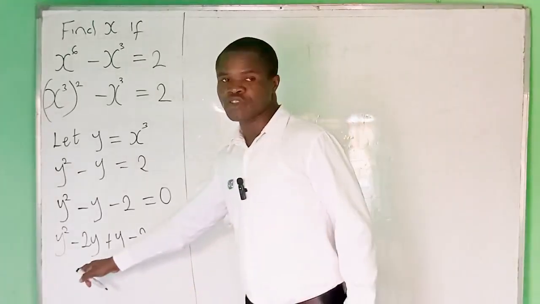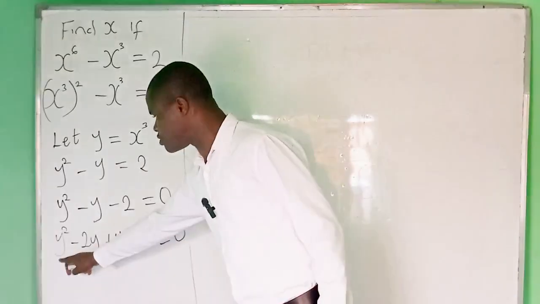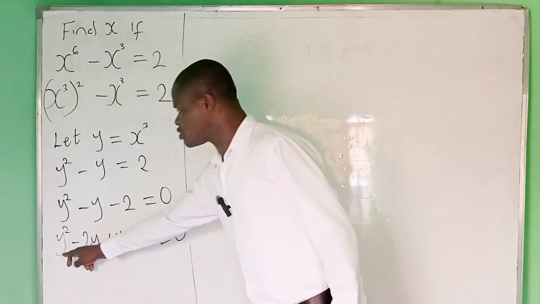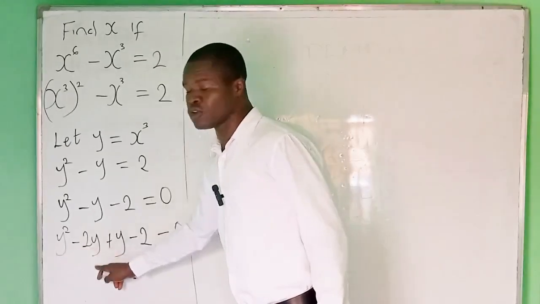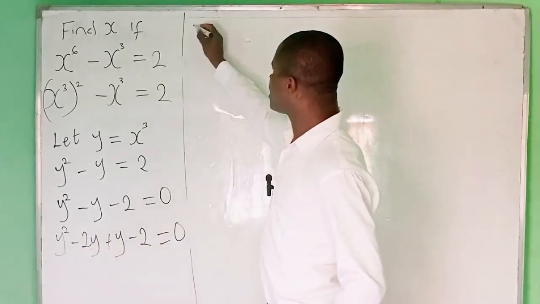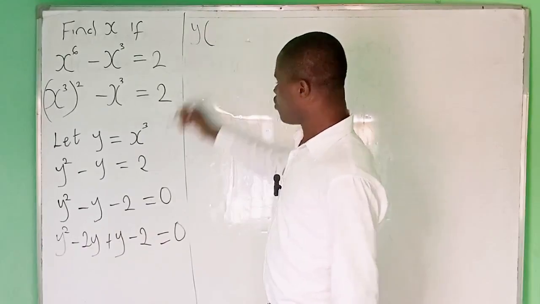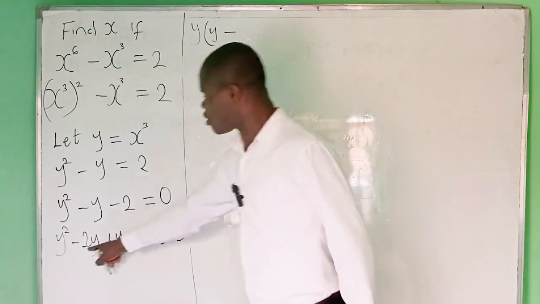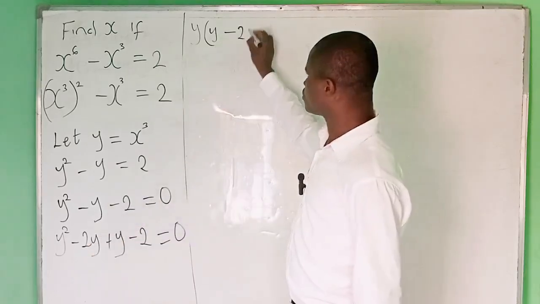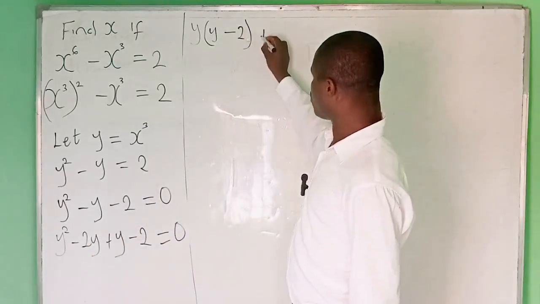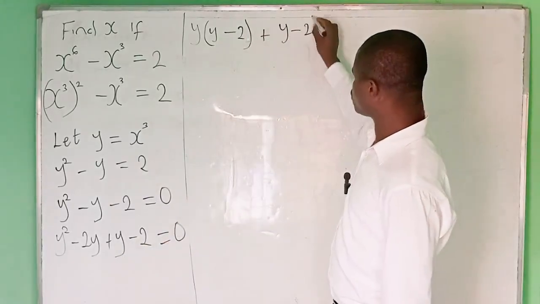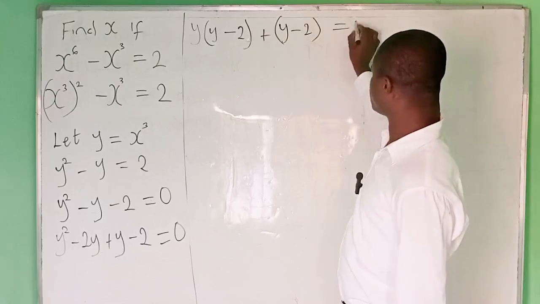Alright, so factorizing in pairs, I'm going to factorize these two and these two. Factorizing y squared minus 2y, y is common, so I will factor out the y. What remains here is y minus 2. Then plus, this is just y minus 2, all in bracket, equal to 0.